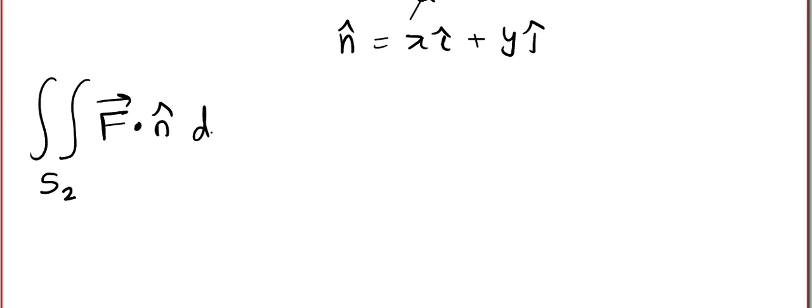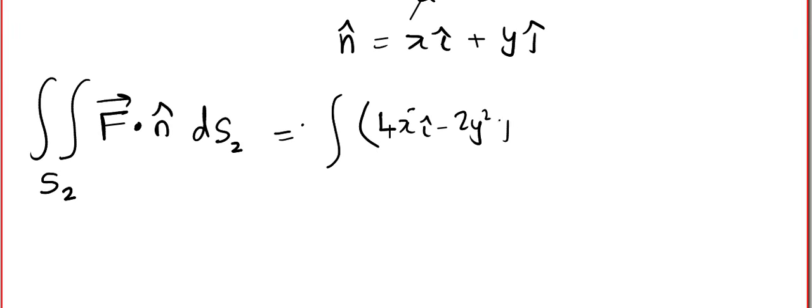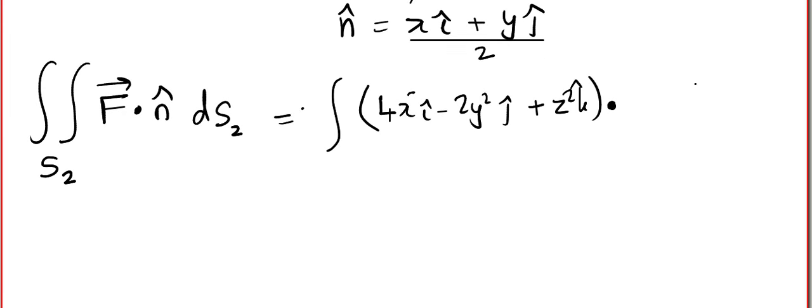Okay, now we are going to evaluate f dot n cap dS2. So this will be f dot n cap. F means the given function 4x i minus 2y squared j plus z squared k dot, oh I forgot, divided by 2. There is one 2, right? Yeah.